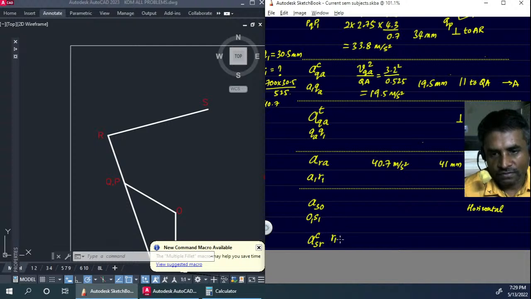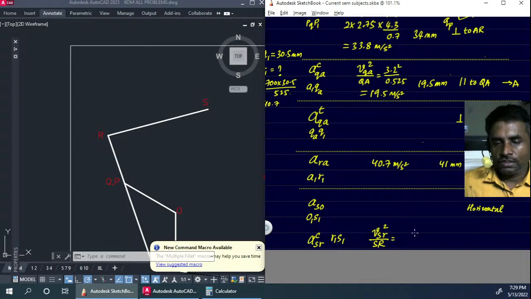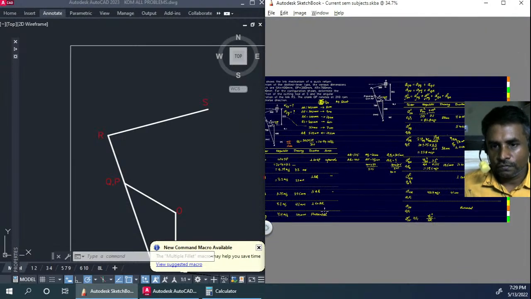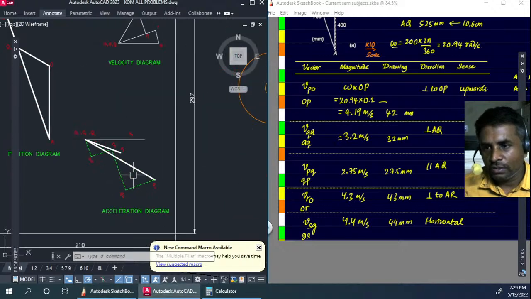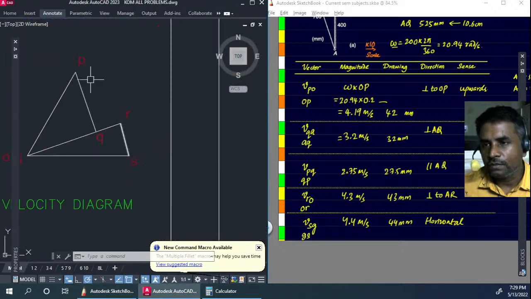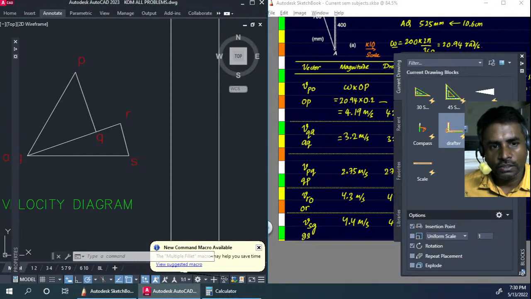Vectorially we'll be representing it with the line R1 S1, and the formula for this will be the velocity of SR squared, divided by the length SR. Velocity of S with respect to R, I guess we didn't find it, but we can just go ahead and measure it here. Okay, let's go ahead and do the measurement.